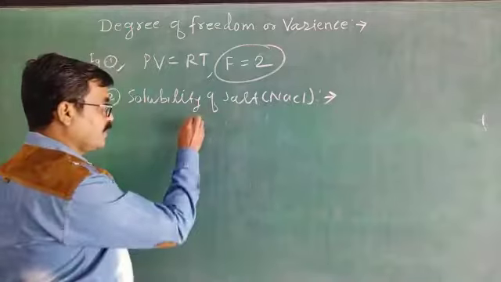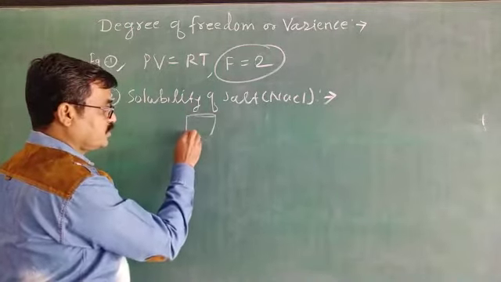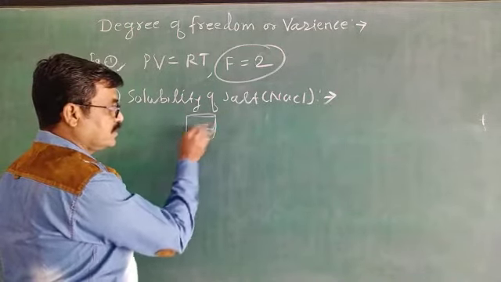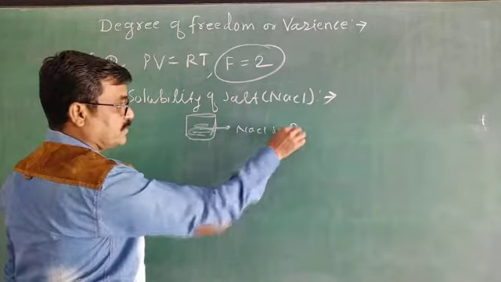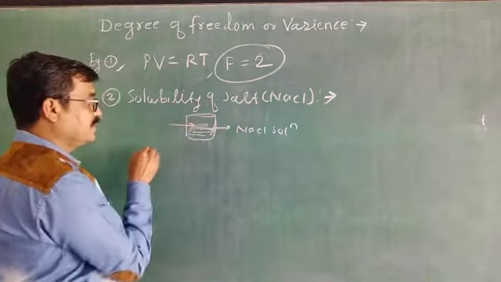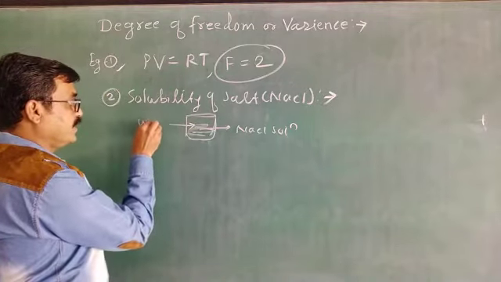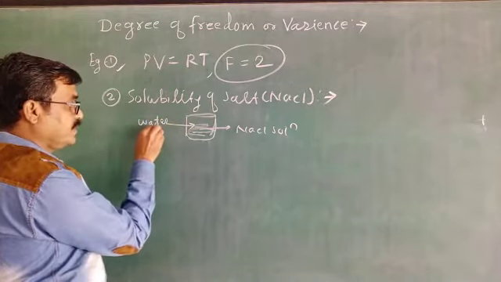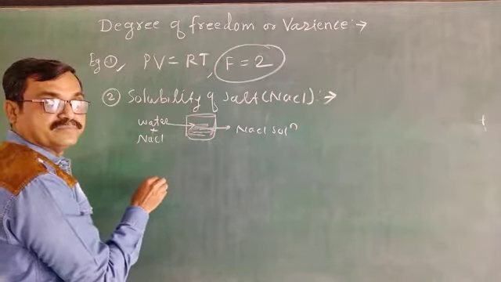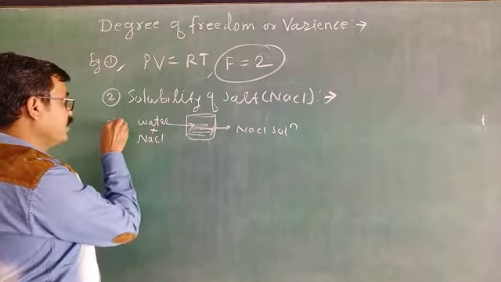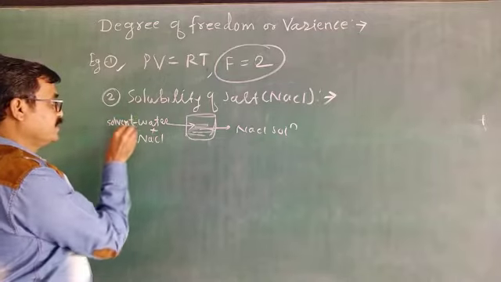मतलब if you prepare a solution of this NaCl, how is this solution prepared? Here a definite quantity of water is taken. In that water sodium chloride is added. Here it is solvent and it is solute.